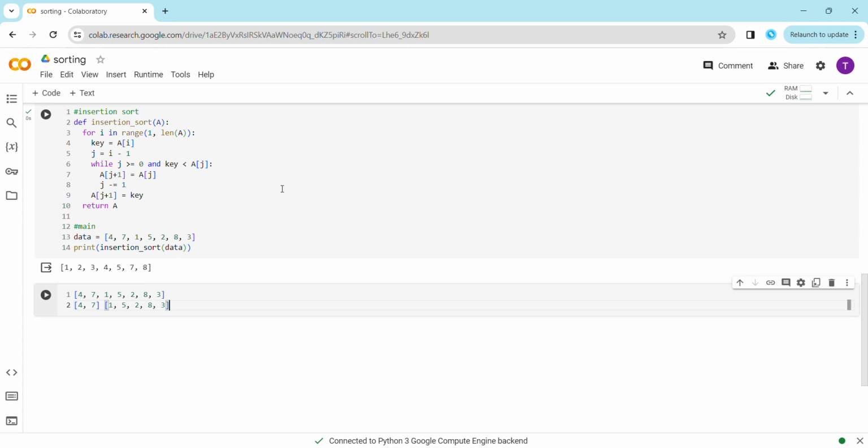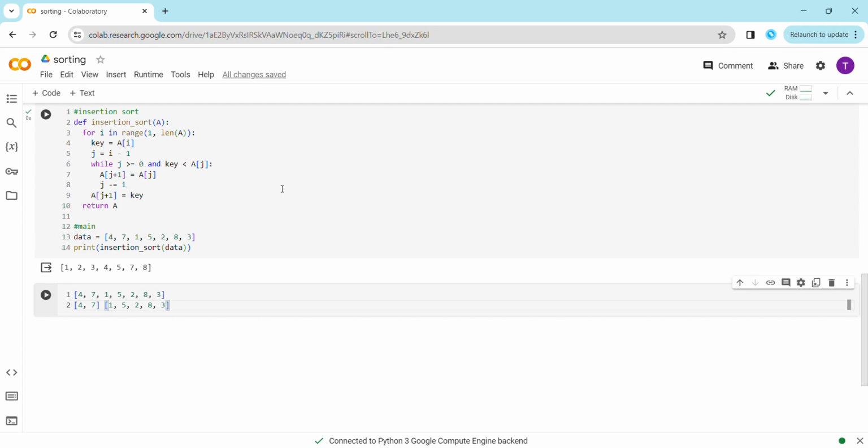In the next iteration, the third number, 1, is compared to the first two elements. As 1 is less than both 4 and 7, 4 moves into the position of the second number, and 7 moves into the position of the third number, leaving the first position empty.